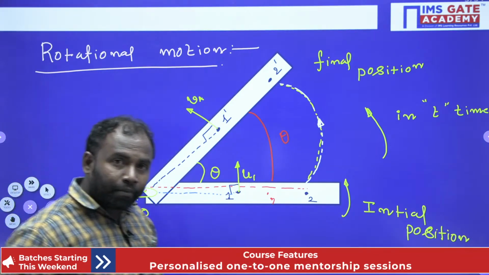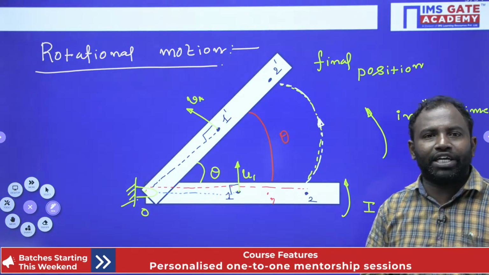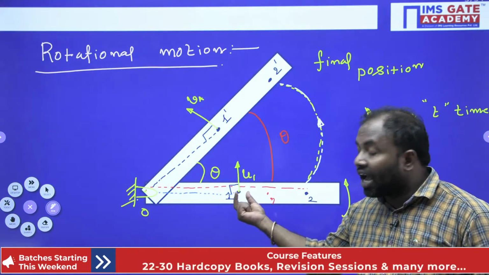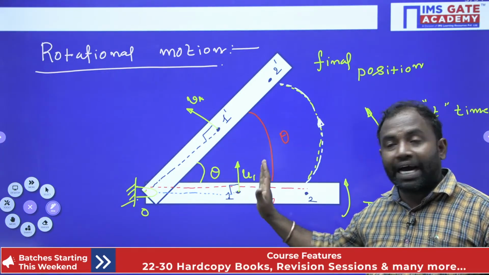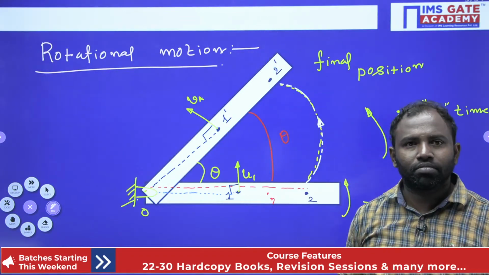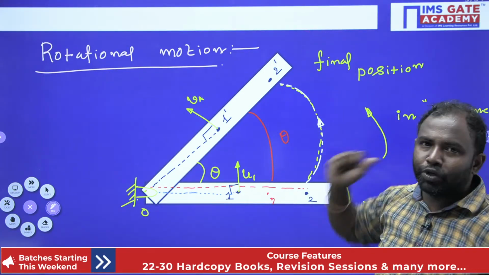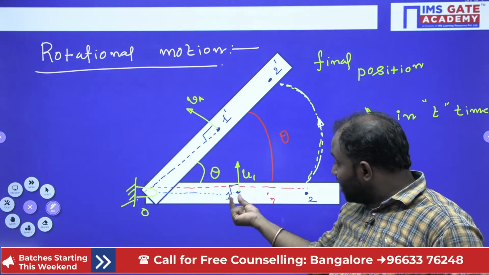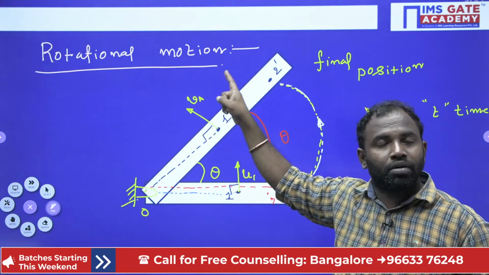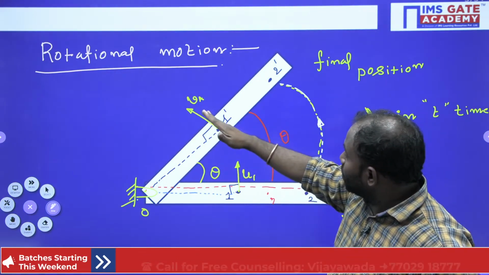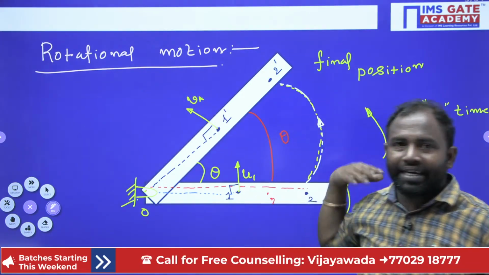Now when the body is under pure rotation, initially it has velocity u1 and its direction is upward. When my body rotates in time t to the final position, the velocity of particle 1 becomes the final velocity, and its direction is perpendicular to the radius.